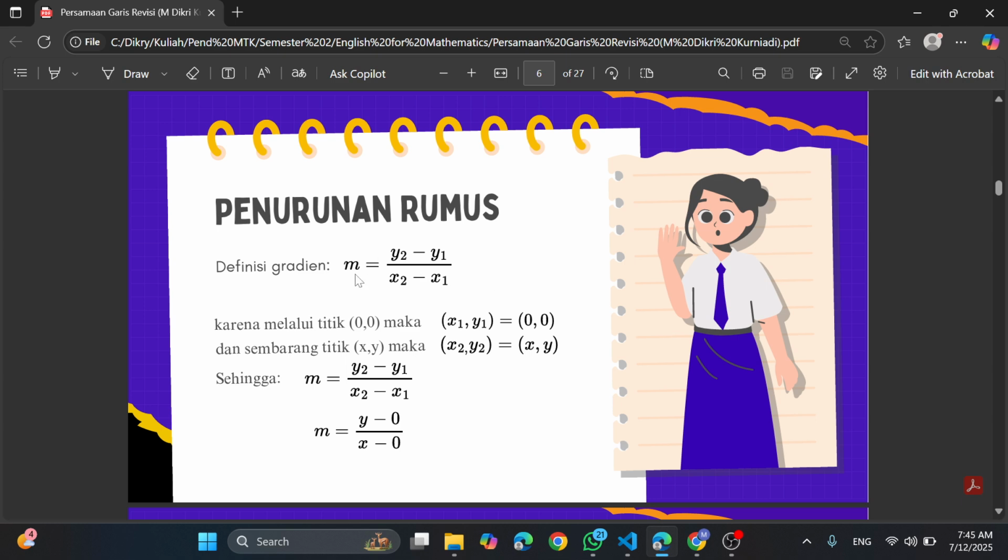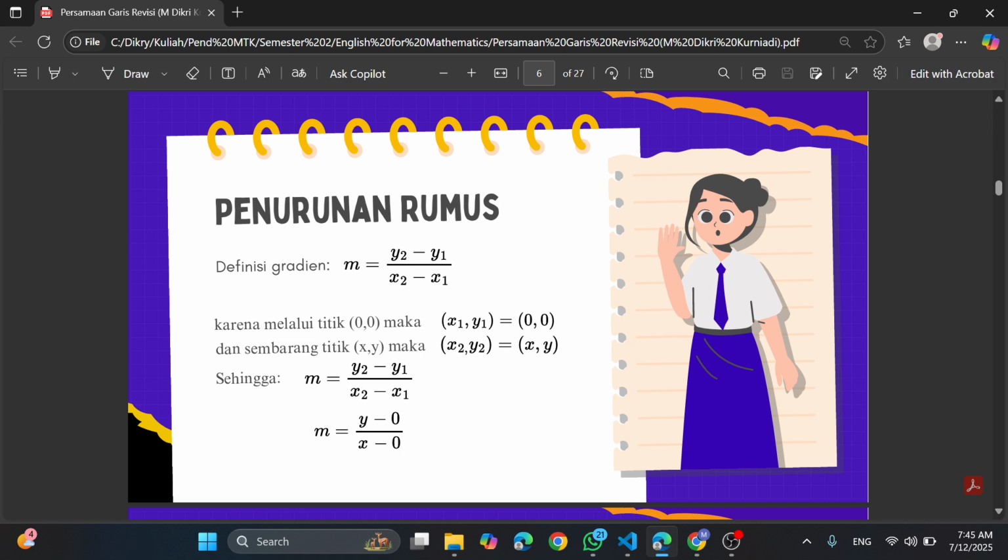And then, derivation of the formula. Gradient definition: m equals y2 minus y1 over x2 minus x1. Since passing through point 0, 0, then the point x1, y1 is equal to 0, 0. And for any point of x and y, then x2, y2 is equal to x, y.